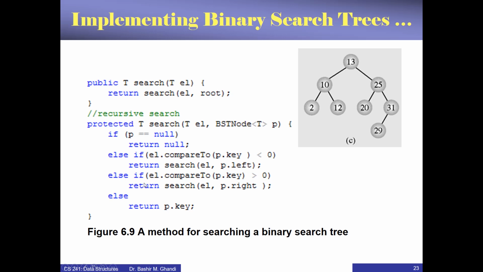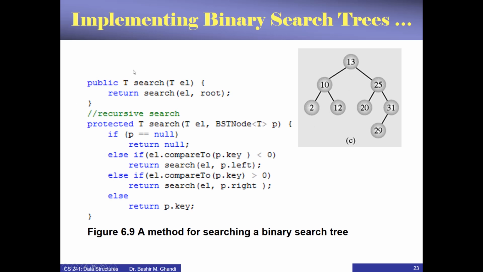What does that mean? It means target is equal to P.key. Therefore, just return P.key. This is basically the search method. It's very compact and very intuitive, very much related to the searching as we do it on a BST.